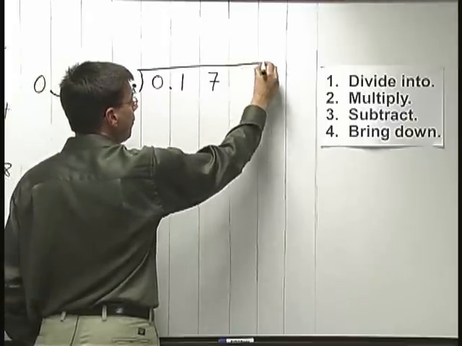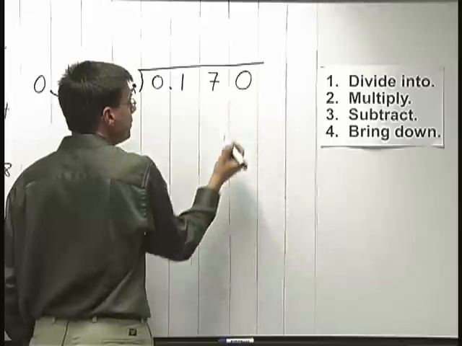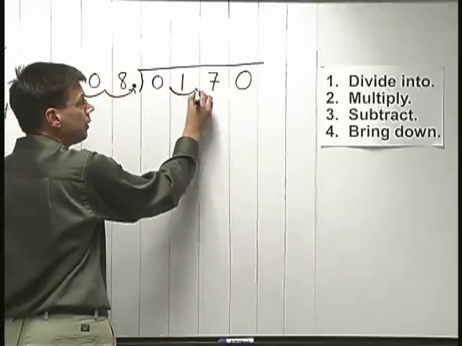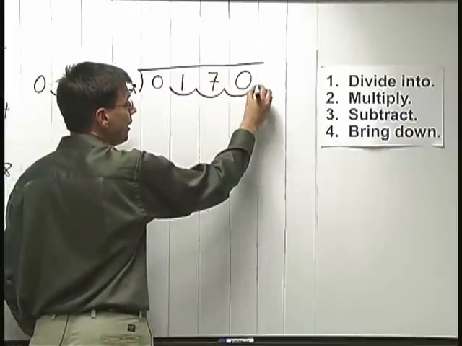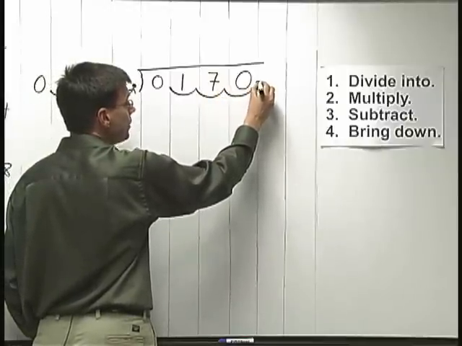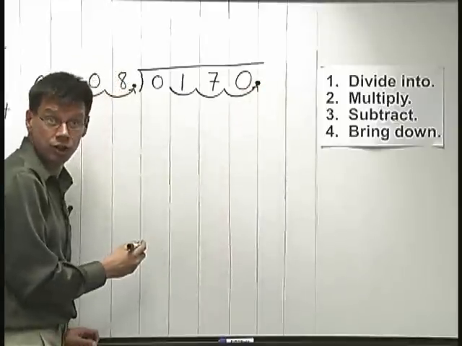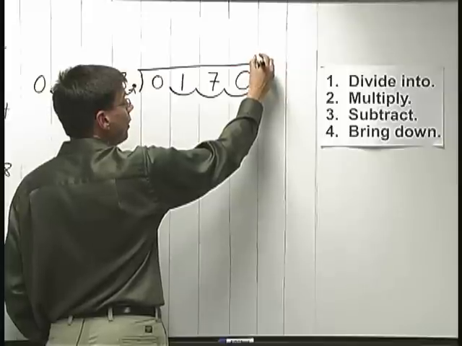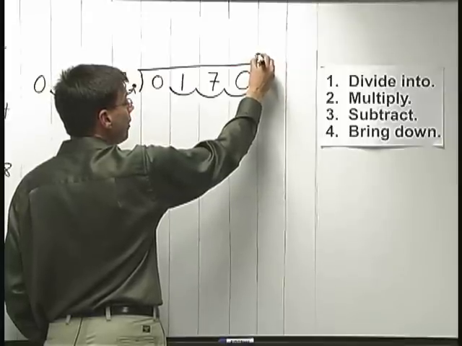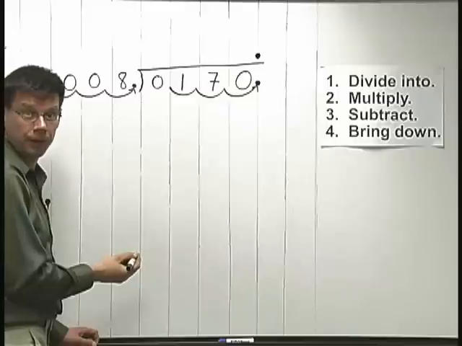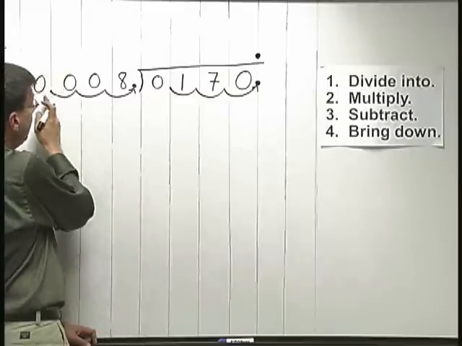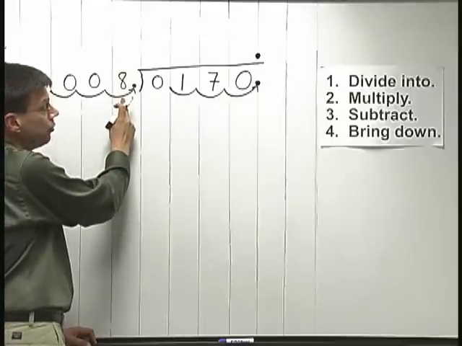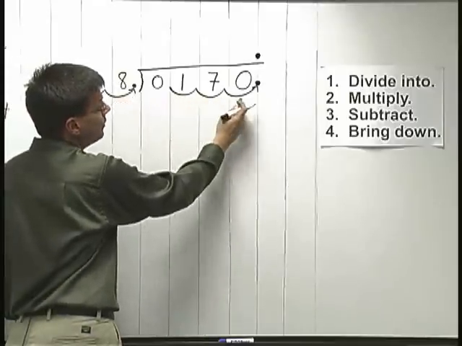In order to have a third place, I write a 0 on the end. So I can move this 1, 2, 3 places to the right. The new position of the decimal point is just to the right of my new 0. In my answer, the decimal point will be right above that new position. This problem has become just the whole number 8 into 0.170.